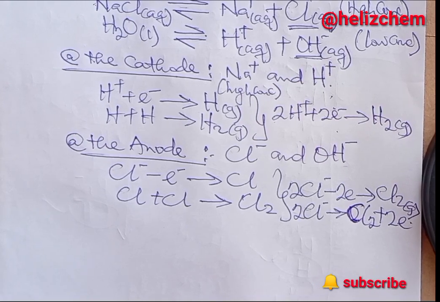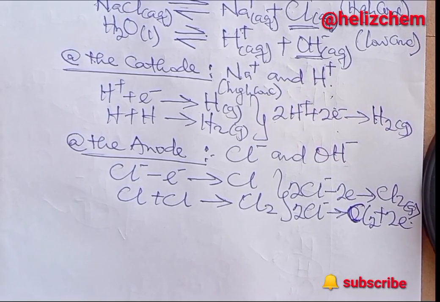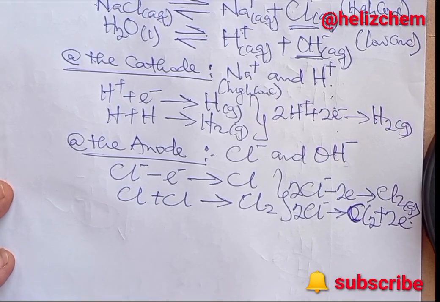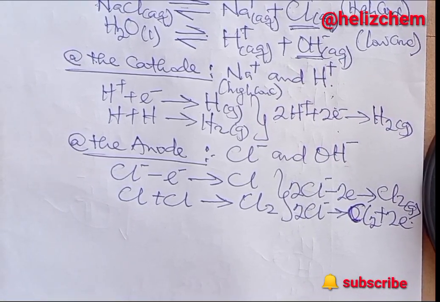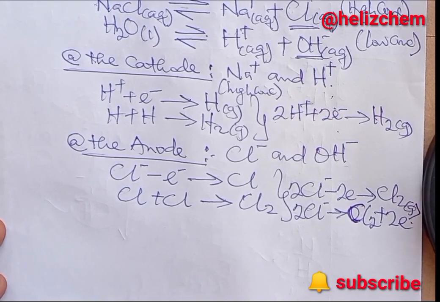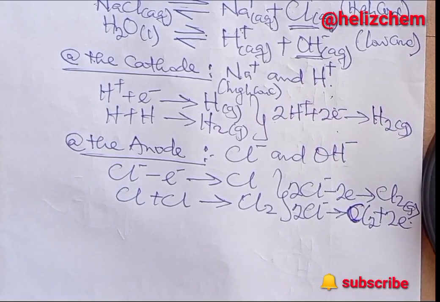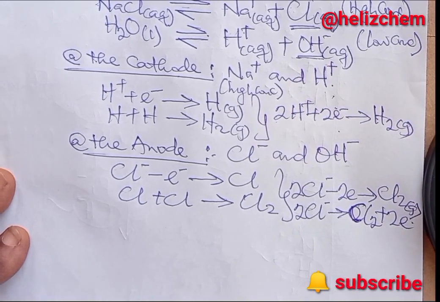This effect of concentration is important if and only if the two competing ions are closely positioned in the electrochemical series. I want you to go back to part 1 of this video, where I listed the electrochemical series for both cations and anions for better understanding.